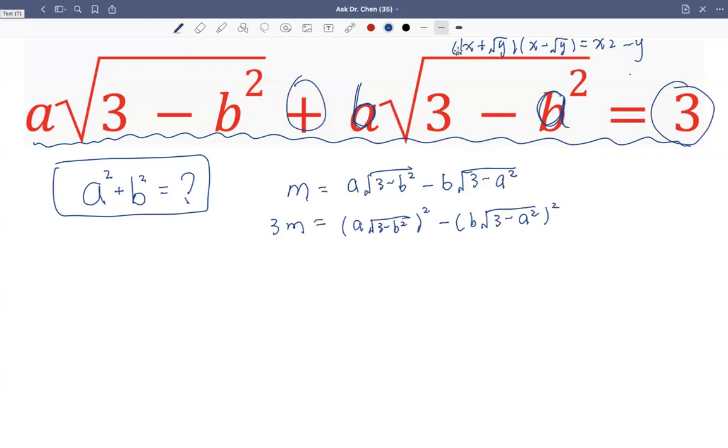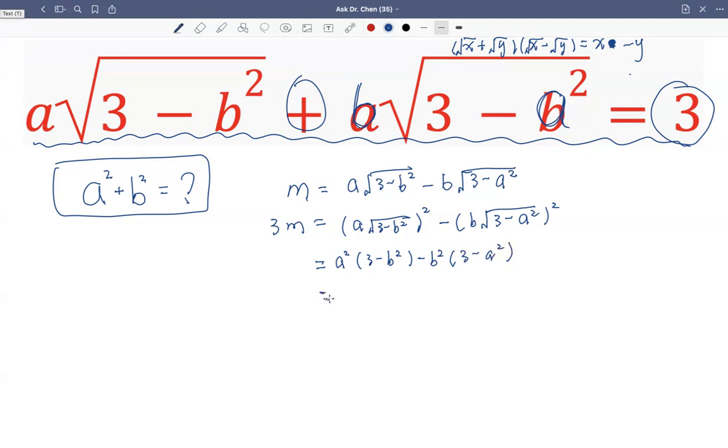If this has a square root of x, we will just get x minus y. If outside there is something multiplied by it, we just square that one. So in this case, we got a squared times 3 minus b squared. So we got rid of the square root sign. Minus b squared times 3 minus a squared.